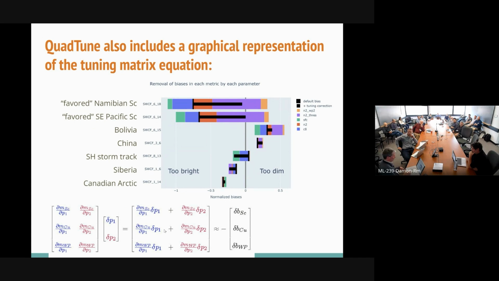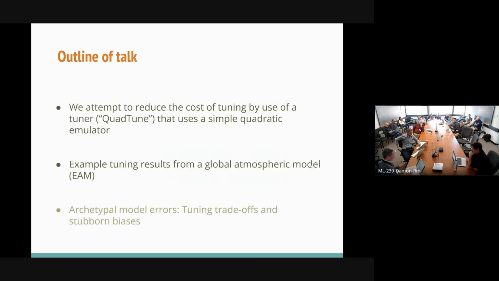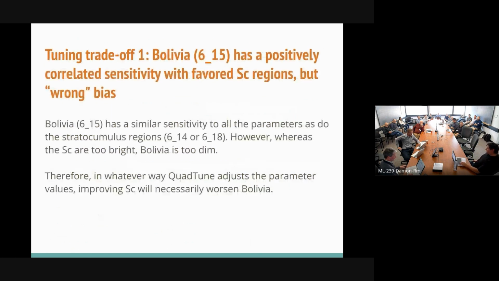And then the next row is the next bar, and so on. So you have almost complete information about what QuadTune is doing in this graphic. And the beauty is you can get a sense of which parameters matter where. Okay, so now let's look at some specific tuning trade-offs and stubborn biases that we found in this particular tuning run.